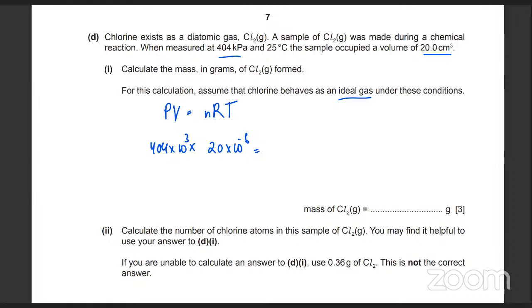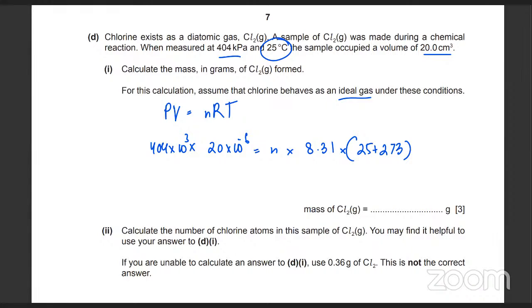n is moles. I don't think you have moles given anywhere. They haven't given you moles, so you can find moles. R is 8.31. And the temperature must be in Kelvins, which would be 25 plus 273, which is 298 Kelvins. So you try and solve for n.